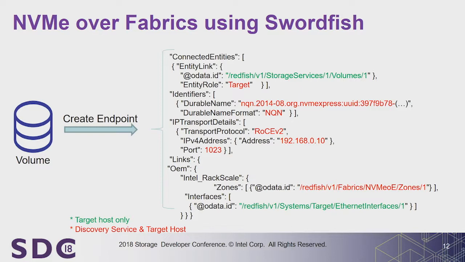In our implementation, we are using RoCE v2. And we did some extensions to the resources defined by Swordfish and Redfish. In that case, in the endpoint, we added the link to the zones.